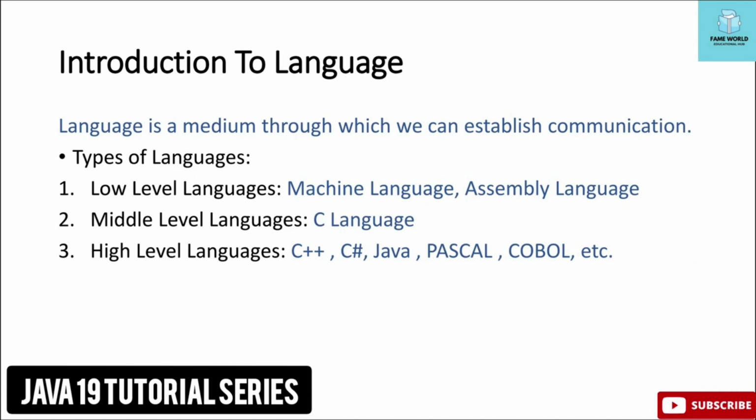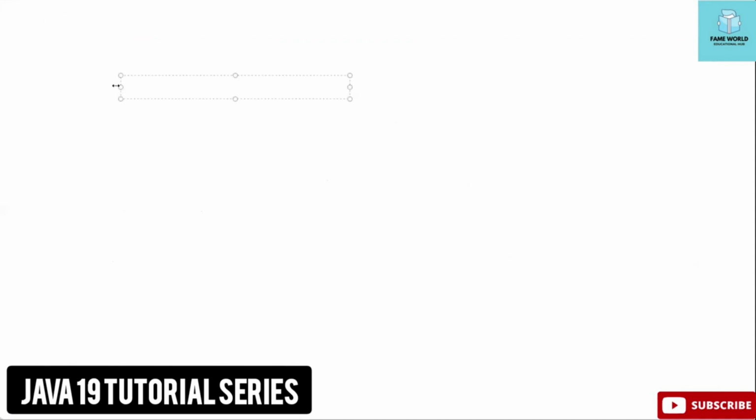I hope you have answered in the comment section. There are software known as translators. Translators are system software, and there are 3 types of translators: assembler, compiler and interpreter.